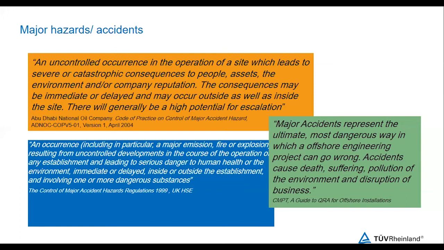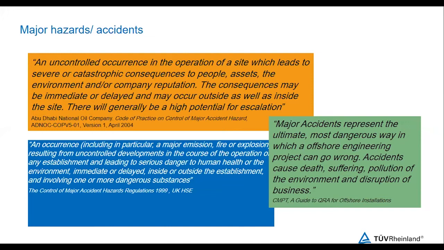The best and most accurate one, which can deliver the message, is the definition from ADNOC: an uncontrolled occurrence in the operation of a site or facility that leads to severe catastrophic consequences. These consequences may be immediate or delayed, and there will generally be a high potential for escalation. This is the major accidental hazard definition.